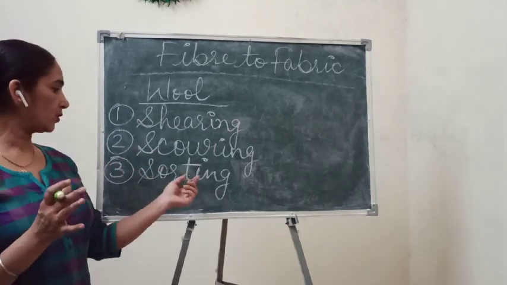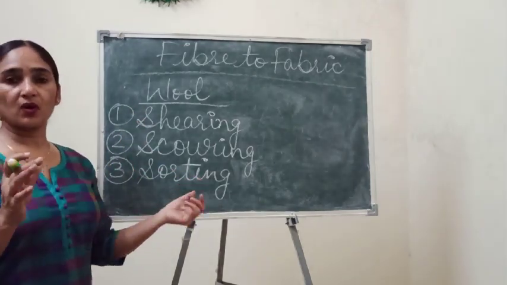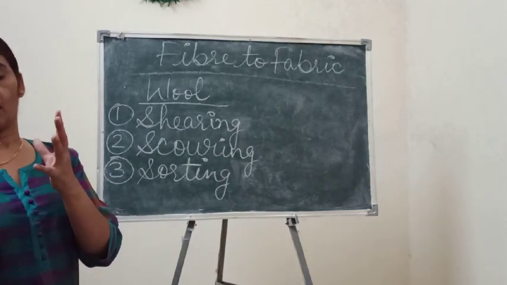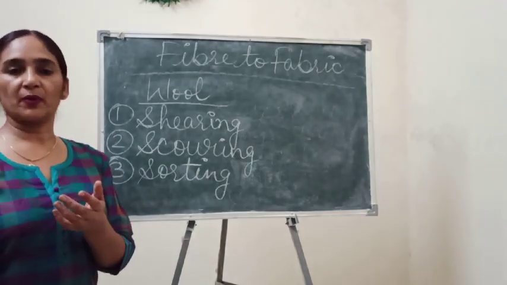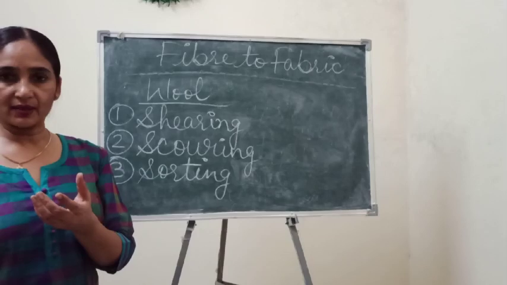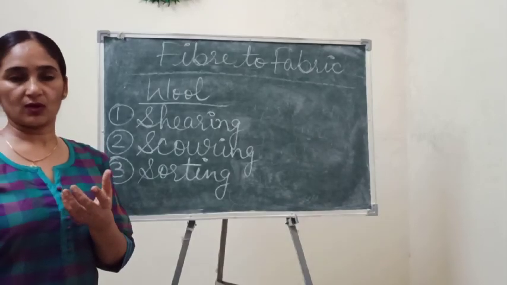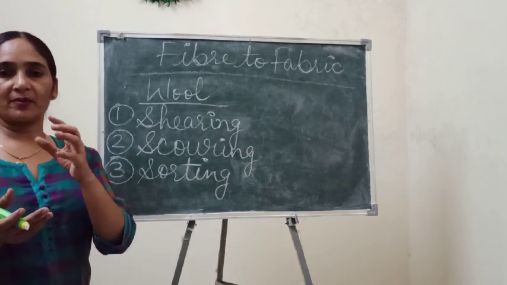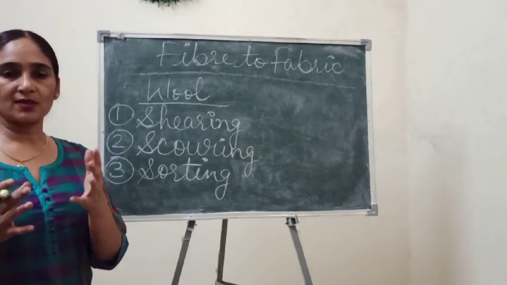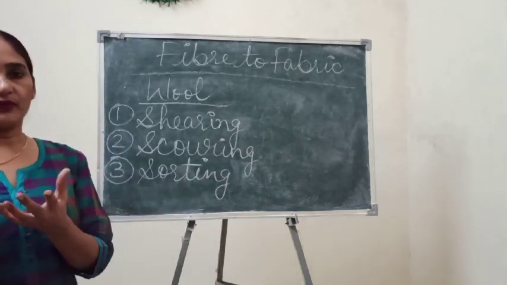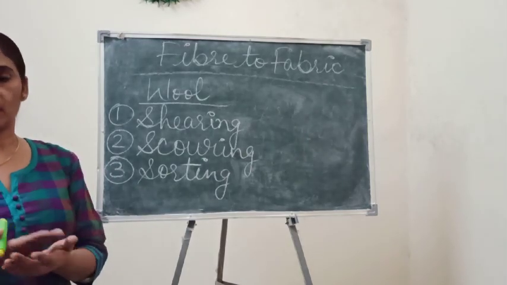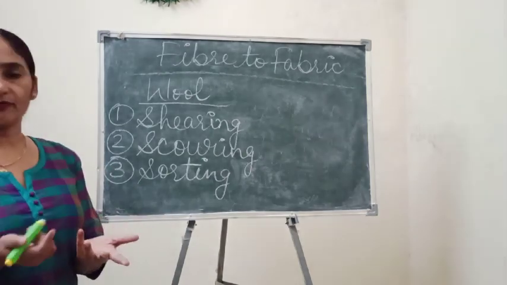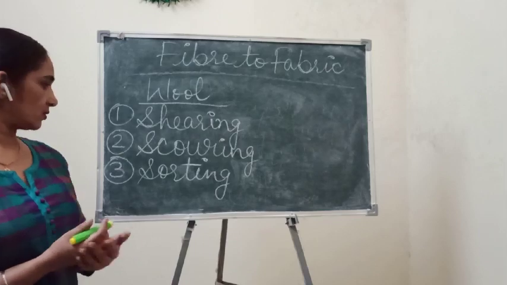We separate them under this process because with the soft fibers we prepare different kinds of fabrics which are costlier as compared to coarse fibers, and from those fibers which are hard or coarse we can prepare the cheap kind of woolen clothes.